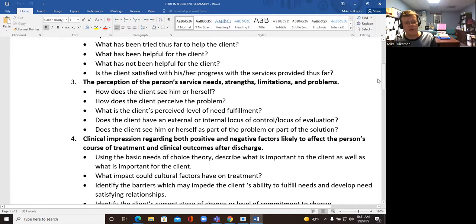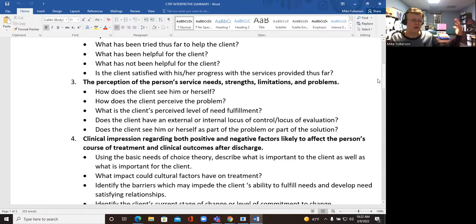Number 3, the perception of the person's service needs, strengths, limitations, and problems. How does the client see him or herself? How does the client perceive the problem? What is the client's perceived level of need fulfillment? And does the client have an external or internal locus of control or locus of evaluation? So the locus of control is, where do they see their place of control?